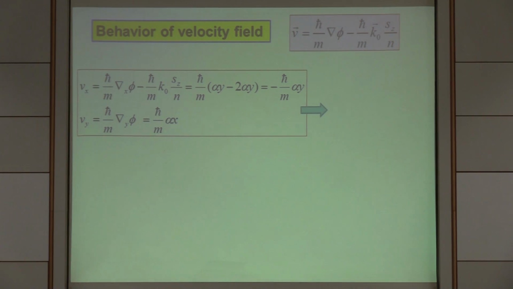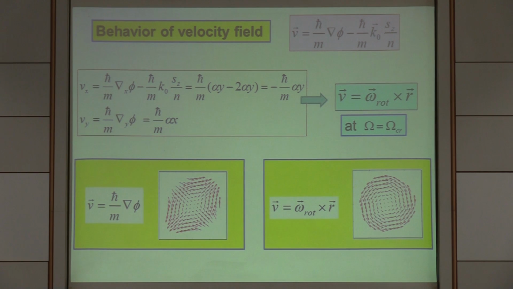The conclusion of this simple calculation is that the velocity field takes a rigid body form, and in particular at the transition point, the moment of inertia, as I will show on the next slide, will take the rigid classical value. And these are the typical velocity fields which emerge. If one includes only the irrotational term, one would find such velocity field.